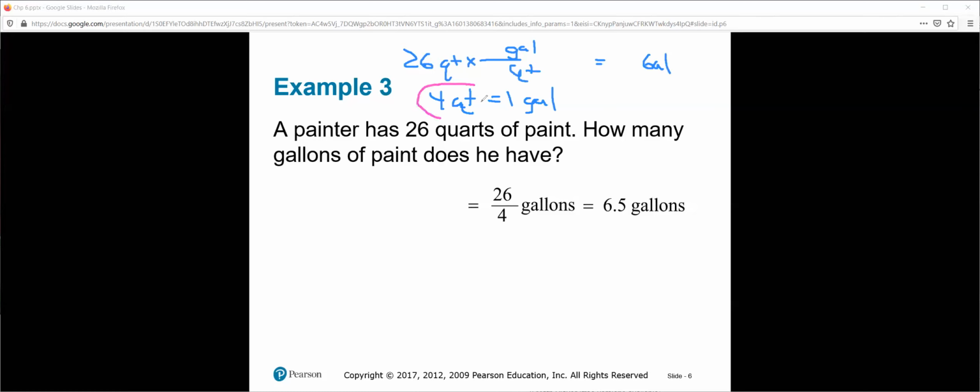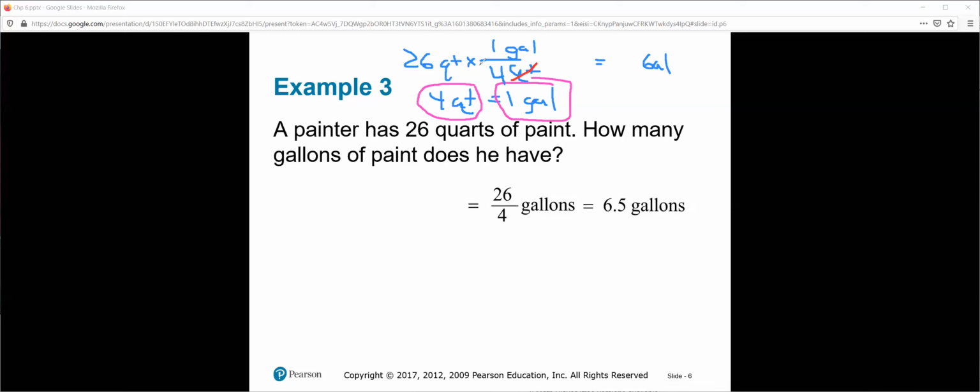I'm going to keep this 4 with this quart, and I'm going to keep this 1 with this. Oh, I did it backwards. Hey, look at me. Keep that 4 with that quart. I'm going to keep that 1 with that gallon. So 1 gallon here, 4 quarts there.